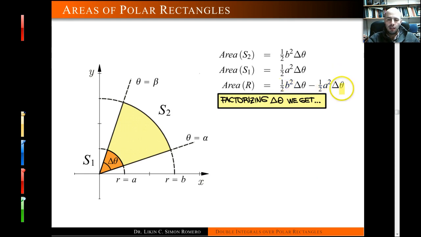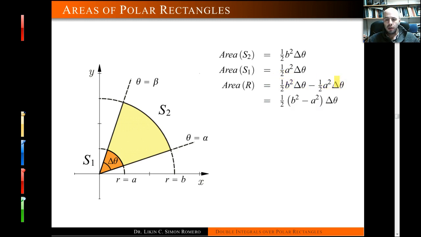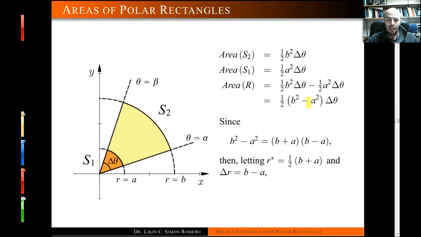Now, if we factorize the expression, the thing that we get is this, and we can factorize even a little bit farther using this factorization, and what we obtain is 1/2 (b plus a) times (b minus a) delta theta.